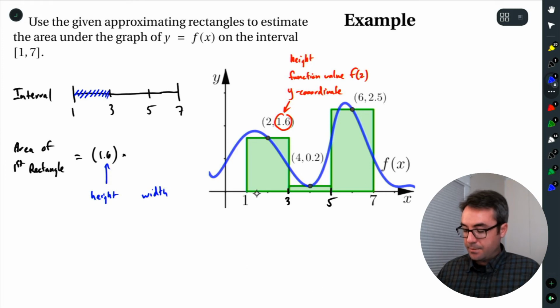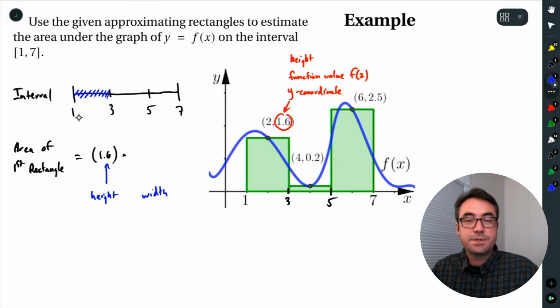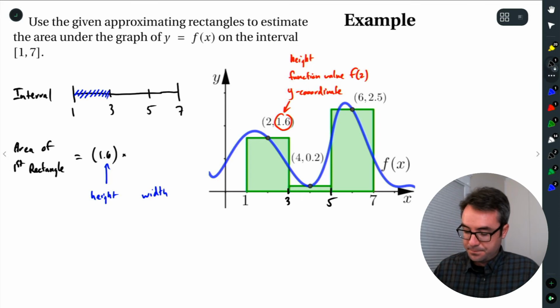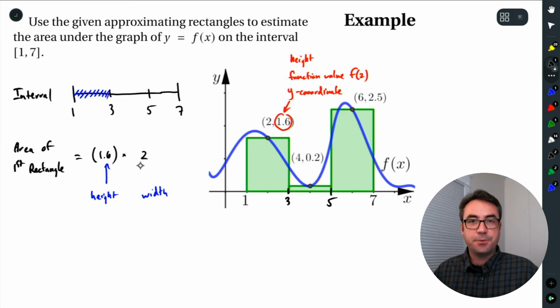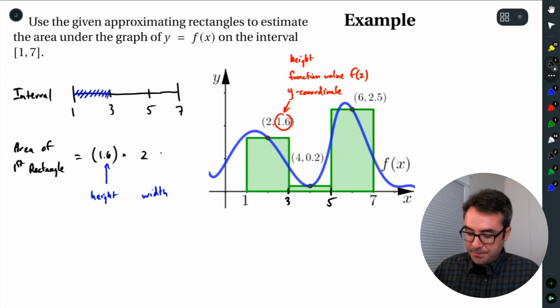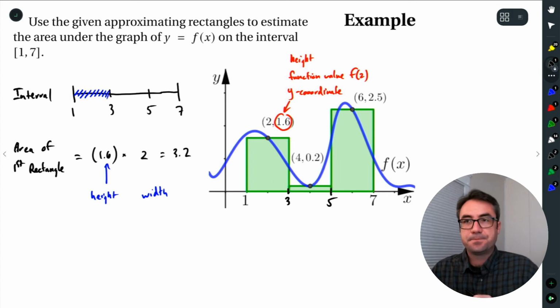Well, that's where we look at the width of our subinterval. Our first subinterval goes from 1 to 3. What's the width of that subinterval? Well, it's 2. So we get 1.6 times 2 as this area, and if we do that, it's 3.2. All right, so that's the area for that first rectangle.